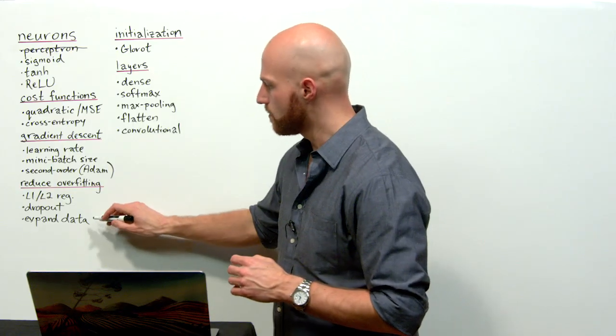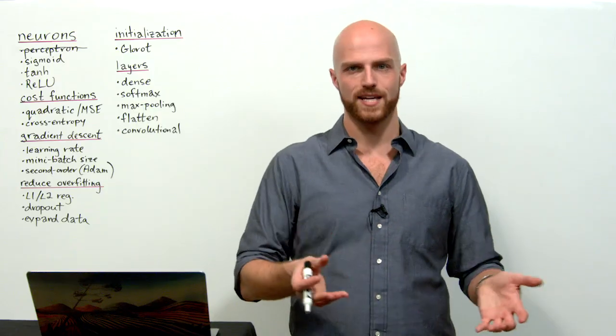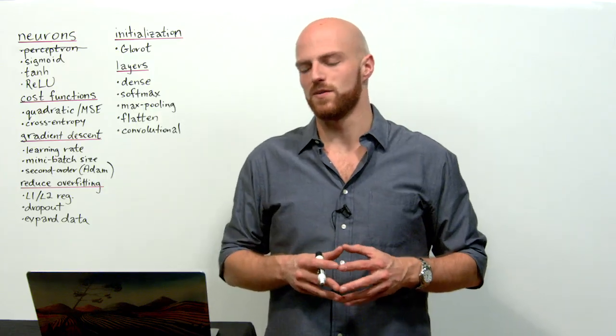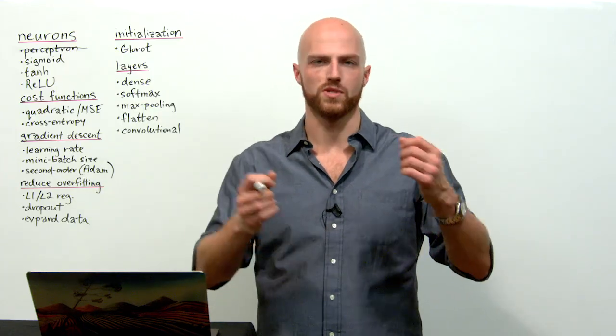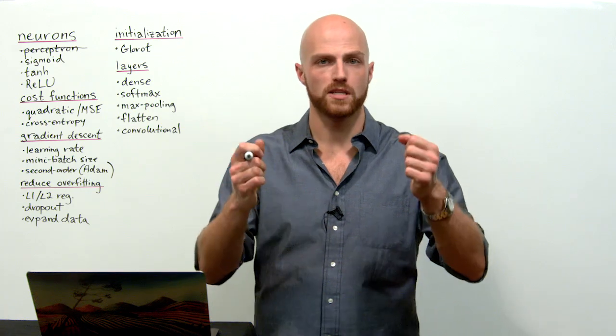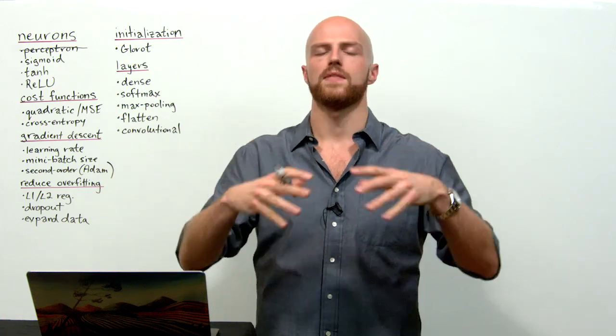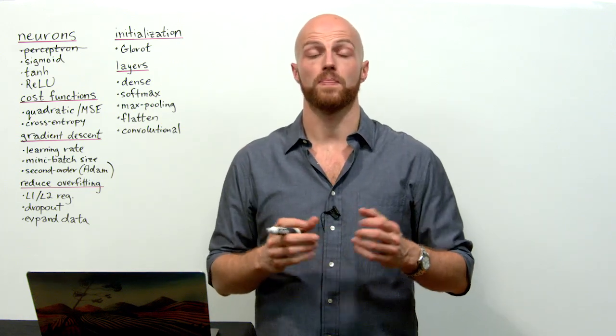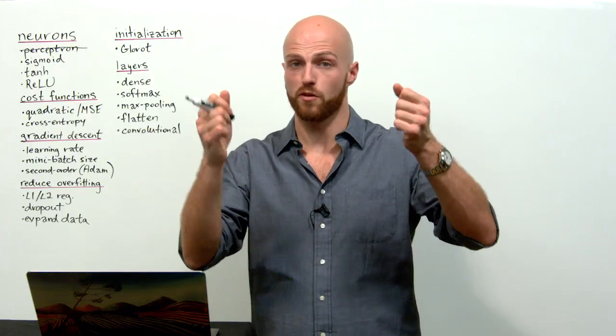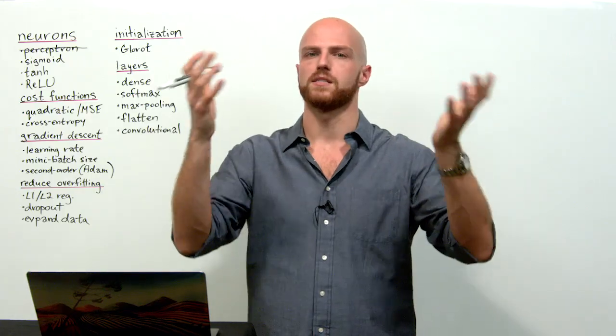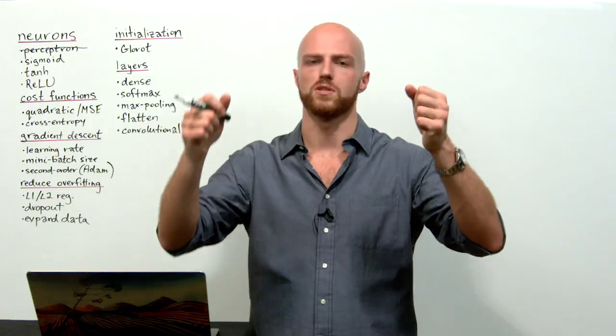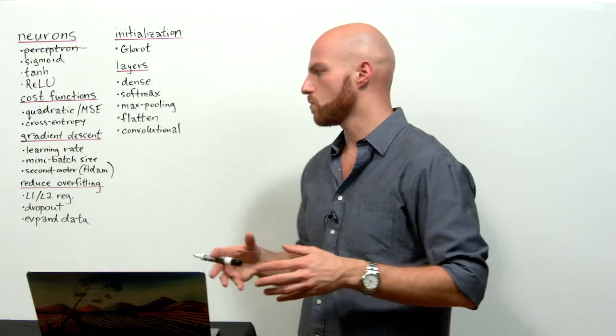The final one, if you can do it, is to expand your data set. So with some kind of visual stimulus, like the MNIST digits, you can rotate them slightly, and that gives you lots of extra data, because a 3, if you twist it slightly, is still a 3. Or if you add noise to the image, it's still definitely a 3. So that's one option.